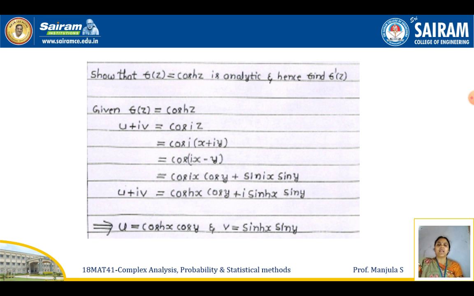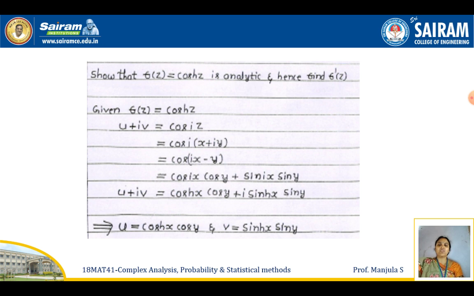You just take that i inside the bracket, that will become cos of ix minus y. So now we can use the formula cos of a minus b, that is cos a cos b plus sin a sin b. So in terms of hyperbolic functions, u plus iv will become cos hyperbolic of x cos y plus i into sin hyperbolic of x, that into sin y.